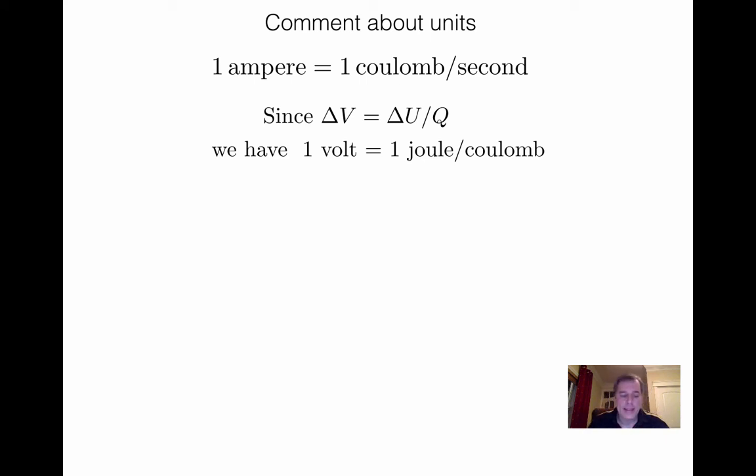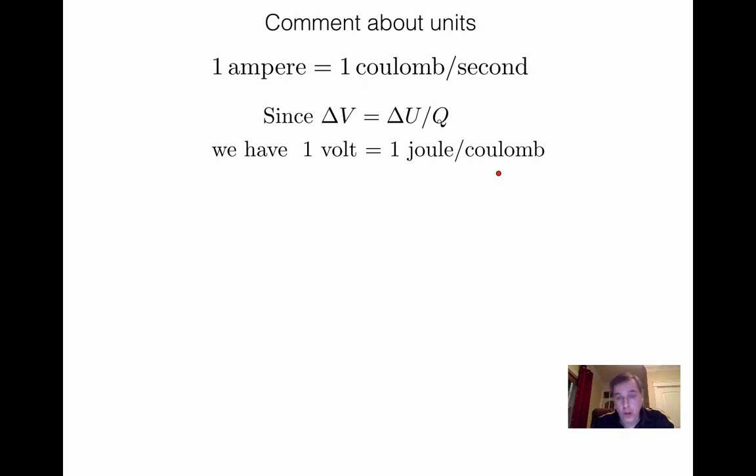You know from what we've seen previously that the change of electric potential energy, delta U, is equal to Q times delta V. So delta V, voltage, is equal to the change of electric potential energy divided by Q. So from this equation, 1 volt is equal to 1 joule per coulomb. So 1 volt is 1 joule per coulomb.